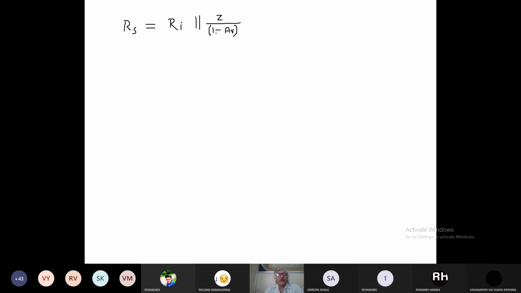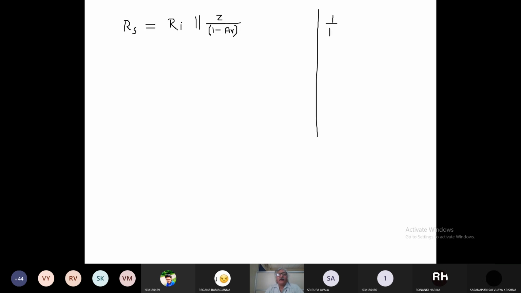You subtract that from 1, and whatever you get, you divide Z by that value. So you will get a value which is of the unit of Z.